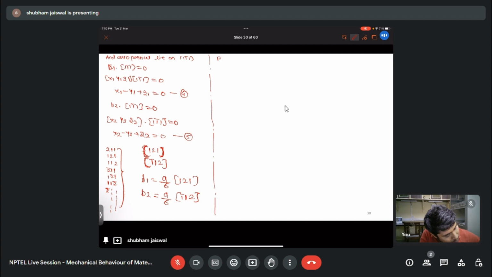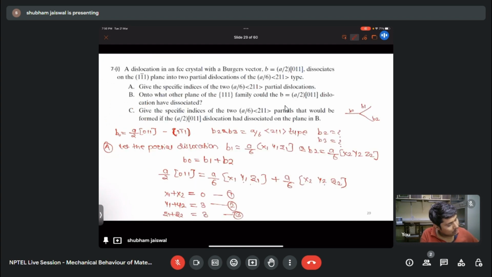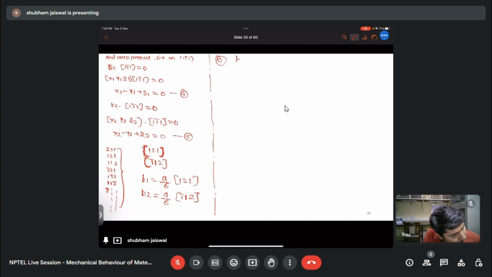Now here comes part B. What they are saying is, onto what other plane of the 111 family could the a by 2 0 1 1 dislocation have dissociated. So B is equal to a by 2 0 1 1, and they are asking on what 1 1 1 family plane it has dissociated.